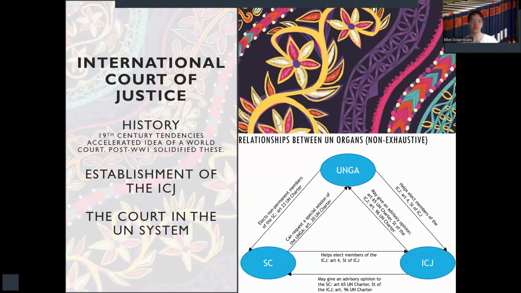But with this move towards arbitration in the late 1800s, it quickly became apparent that it wasn't really enough. It was insufficient. By the 1907 Hague Peace Conference, or the follow-up to the Hague Peace Conference in 1907, many states actually wanted the establishment of some kind of permanent court which had compulsory jurisdiction in certain subject areas.